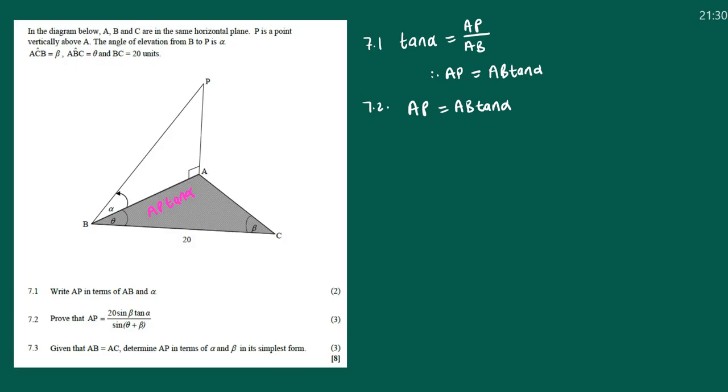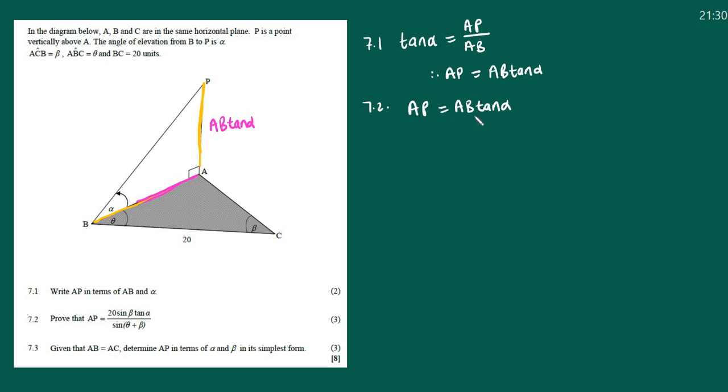Yes. I get you. Thank you. So it means I labeled on the wrong one. Okay. So this one is the one that is AB tan alpha. Do we agree? Right. That is AB tan alpha. AP is AB tan alpha. Oh yeah, not AB. Sorry.